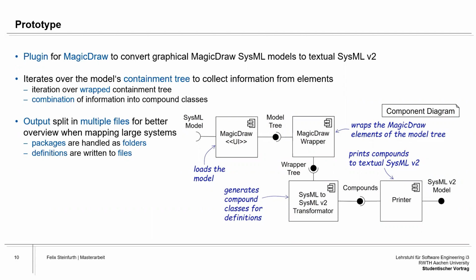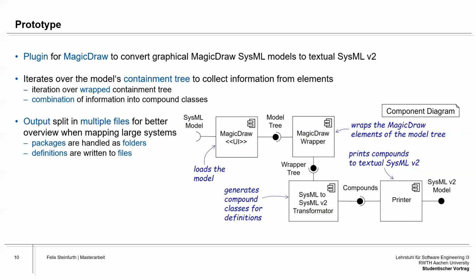First, we load the model into MagicDraw, and then we take the model's containment tree and put it in our wrapper class that wraps the MagicDraw elements of the containment tree into wrapped elements. Those element wrappings are done in order to provide easier handling of the elements and to be able to define additional methods on those elements.